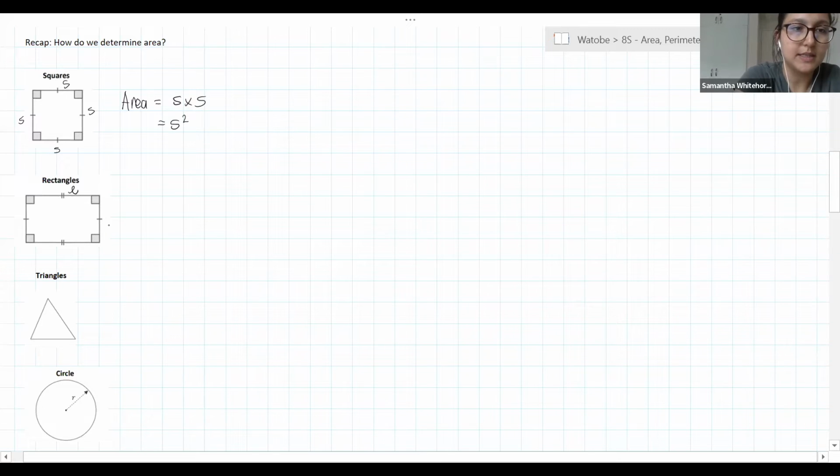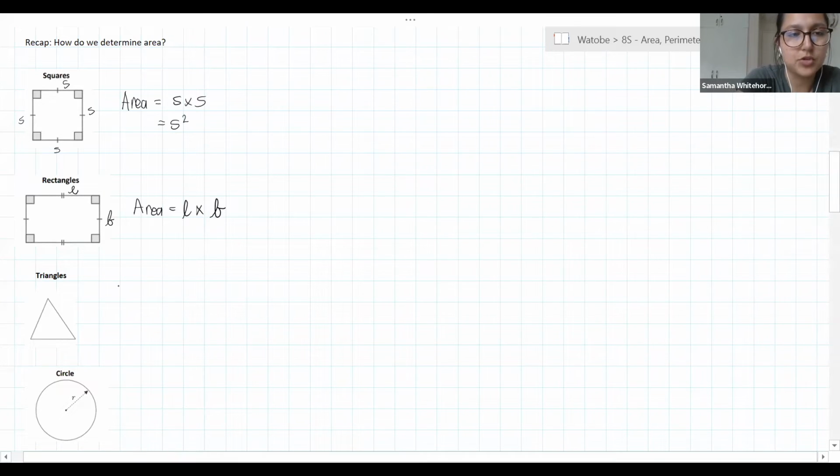We call these sides the length and the breadth, or you can call it the width. It really doesn't matter. But then to work out the area of our rectangle, we would take the length times the breadth or the width. Doesn't really matter, whichever one you're going to choose to use. So those 2 formulas, I feel like 90% of us know. Remember, we've done them multiple times.